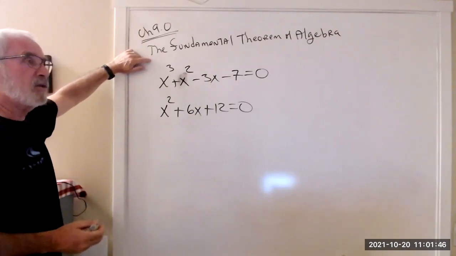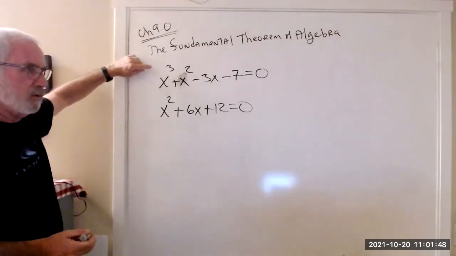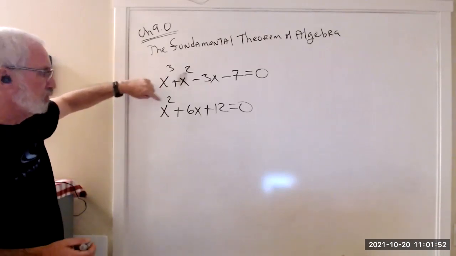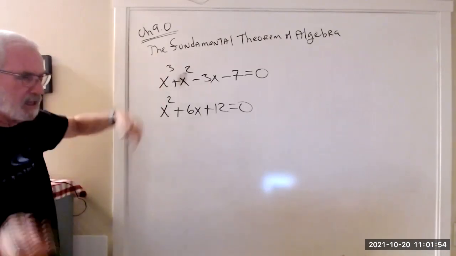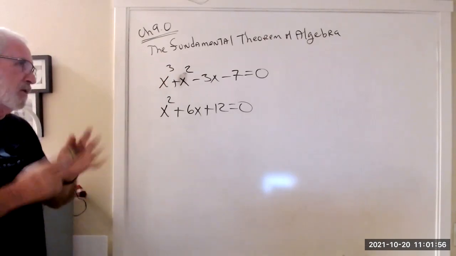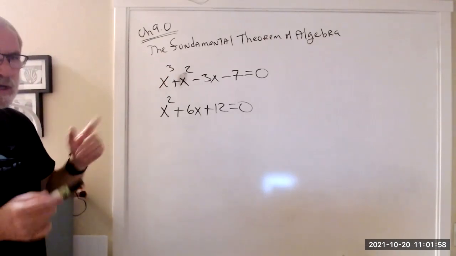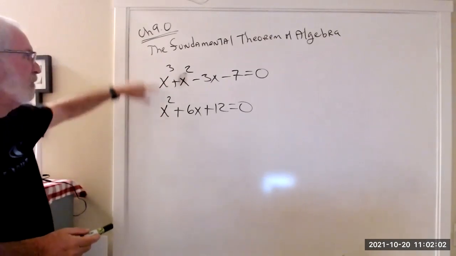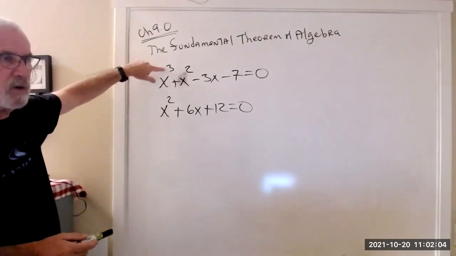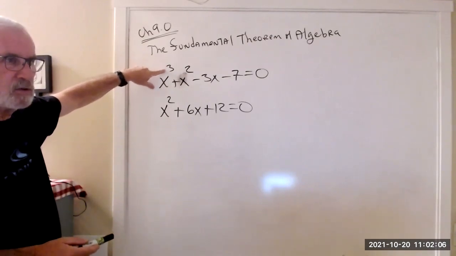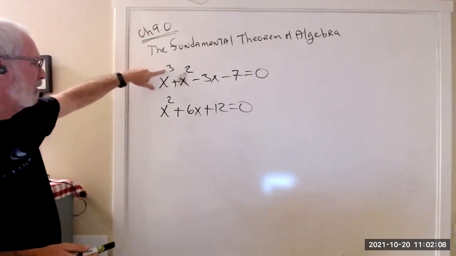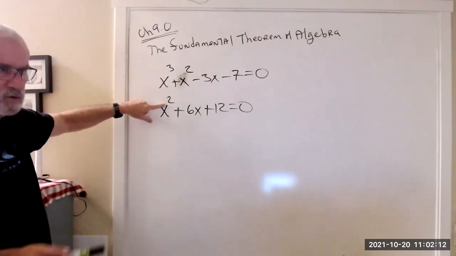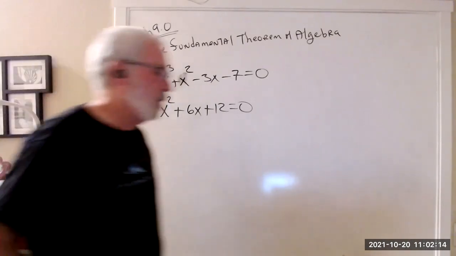And it tells us that we can very accurately predict how many solutions an equation will have. Now, again, I'm cutting out a lot of the nitty-gritty stuff, but that's pretty much it. If you have a third power equation, then you're going to have 3 solutions. Maybe 1, but whatever. If you have a second power equation, you're going to have 2 solutions, and so on.